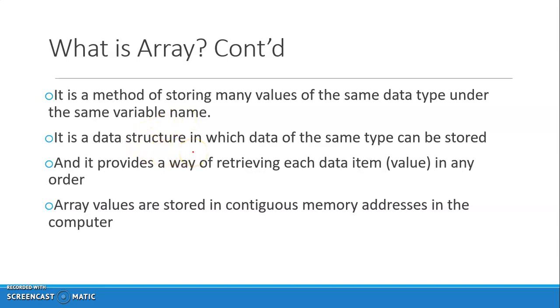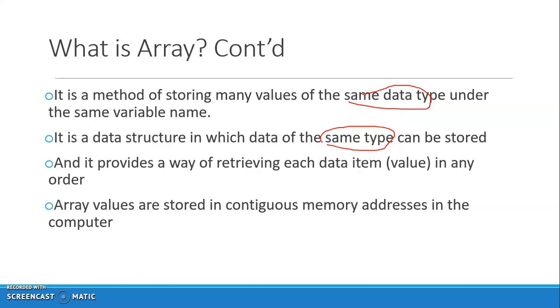This is a data structure. We have other data structures, as you are going to see in your career of programming. So an array is one of those data structures in which data of the same type can be stored. So, very important here, we are making an emphasis on the same data type.